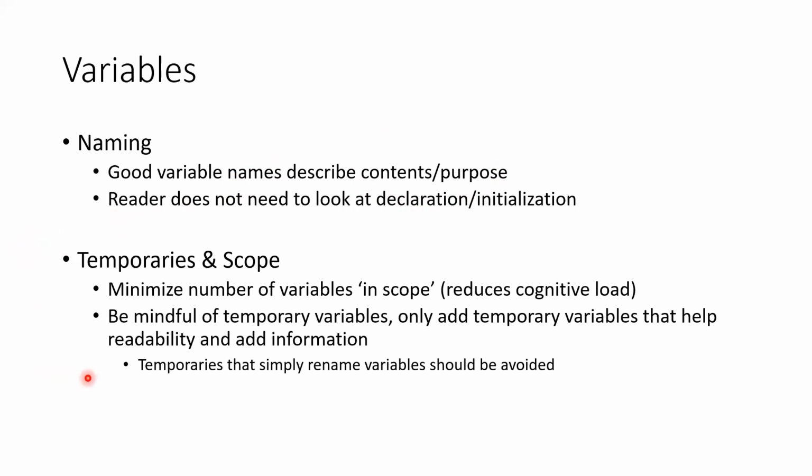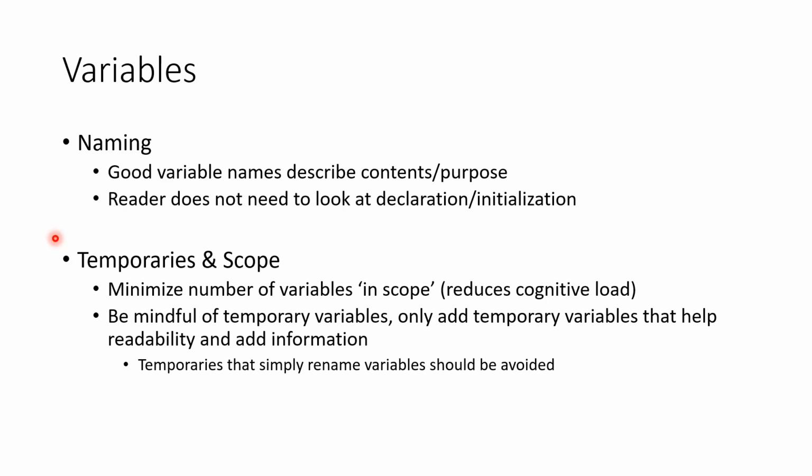Temporary scope. Having temporary variables reduces the number of variables to be remembered when you are reading your code, because temporary variables may just be used in a single if statement or a single for loop.